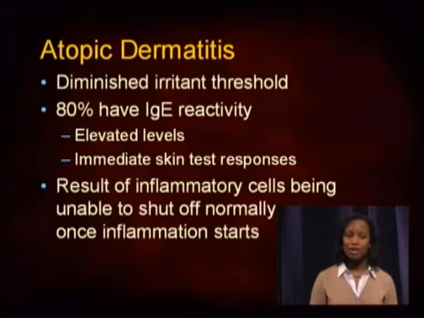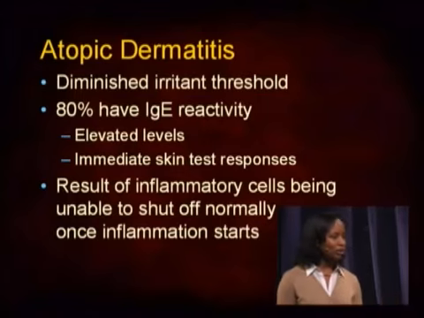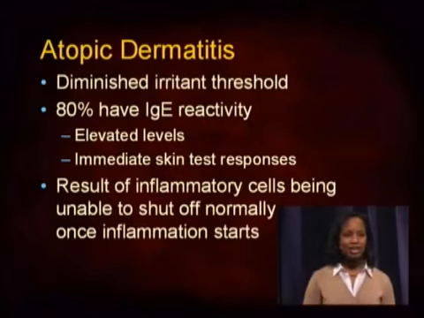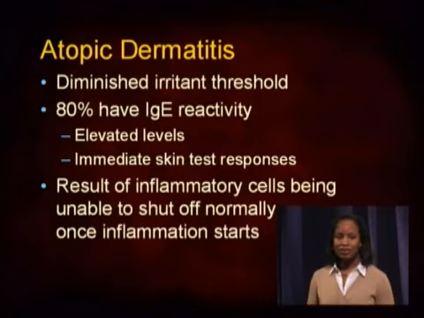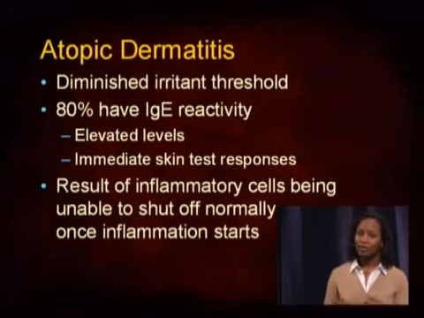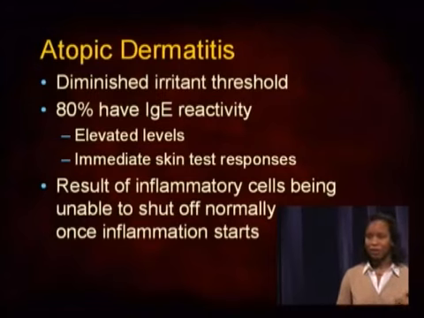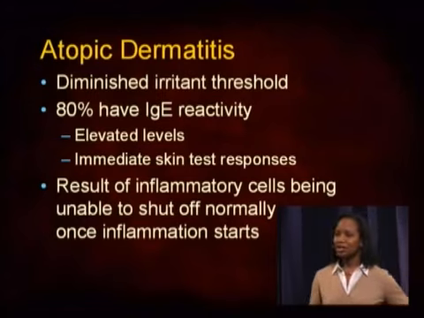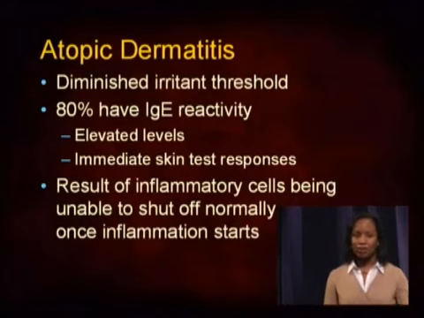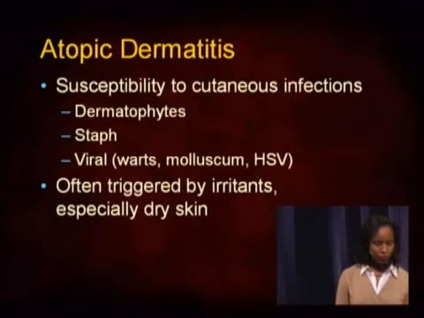So patients have a diminished irritant threshold, and the majority of them have elevated IgE and IgE reactivity. So they have those Ig molecules that are just floating around waiting for something to sort of stimulate them. And then once this cascade is started, it's really difficult to shut off the whole process.